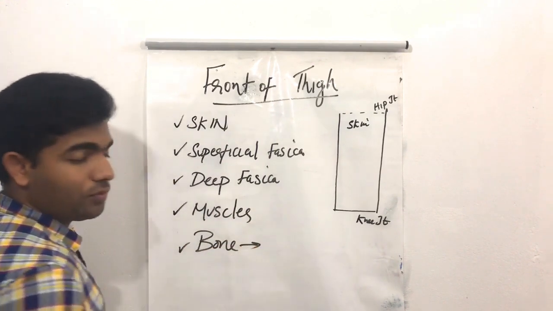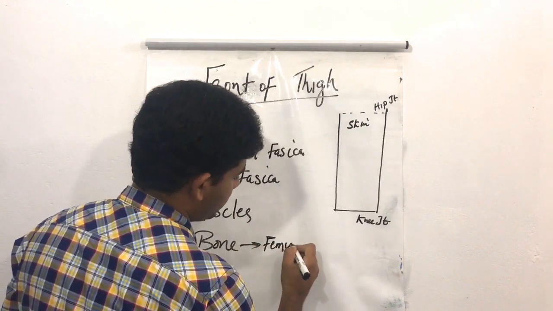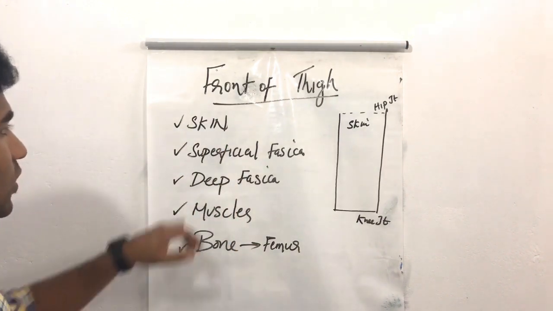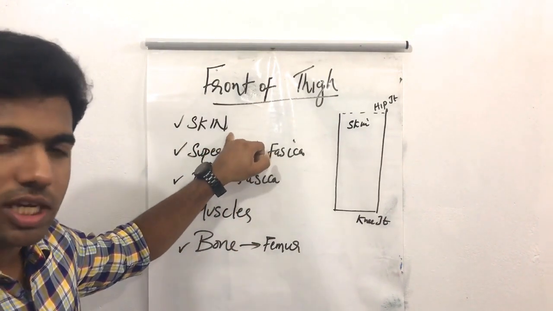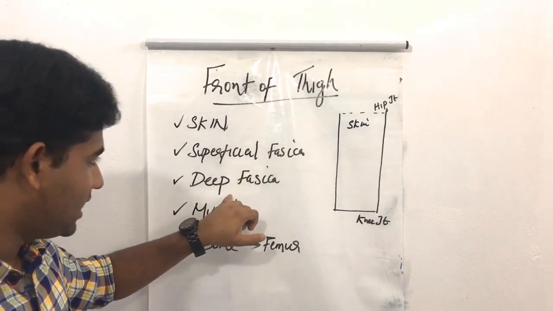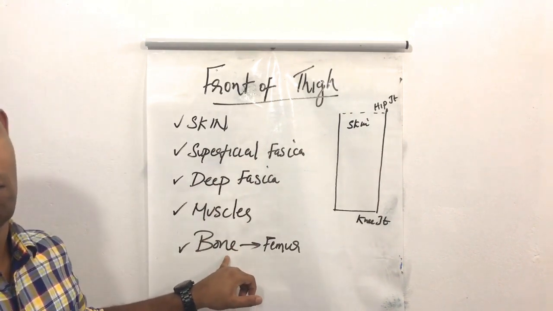Which is the bone in the anterior of the thigh? That is none other than the femur. So this is how we discuss the anterior of the thigh: the skin, then the superficial fascia, then the deep fascia, then the muscles, and then the bone.